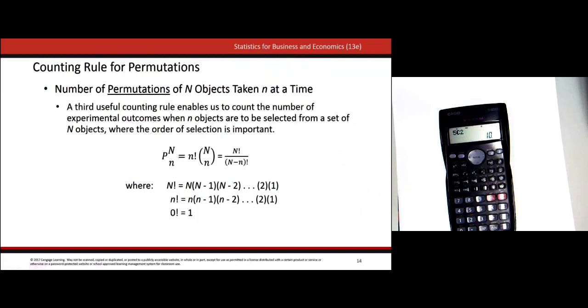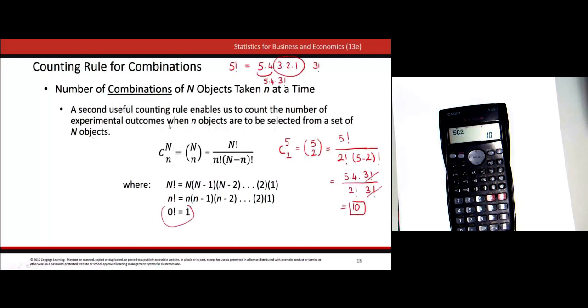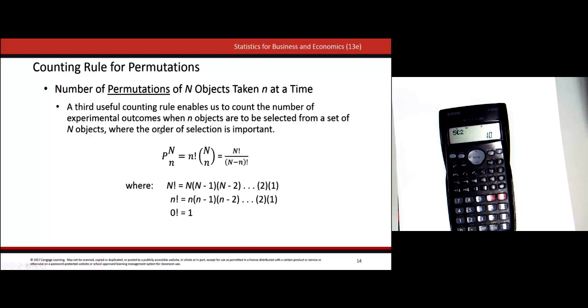Now there are different applications of the permutation, but you can use the permutation to count the number of experimental outcomes when n objects are to be selected from a set of N objects, like the combination. But the difference is now the order of selection is important. So which one you select first and which one you select second, the order of the selection now is important.